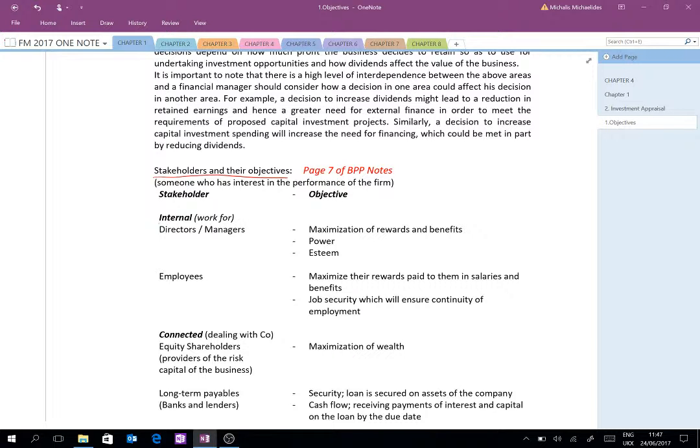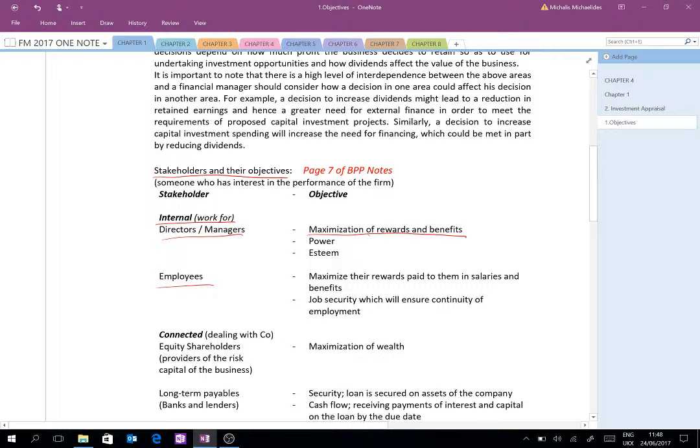So who are the internal stakeholders? These are the stakeholders that work for the organization, and these are the directors and managers and employees. Now let's look at the directors, managers. What are their objectives? The existence of our business will help them to maximize their rewards and benefits.